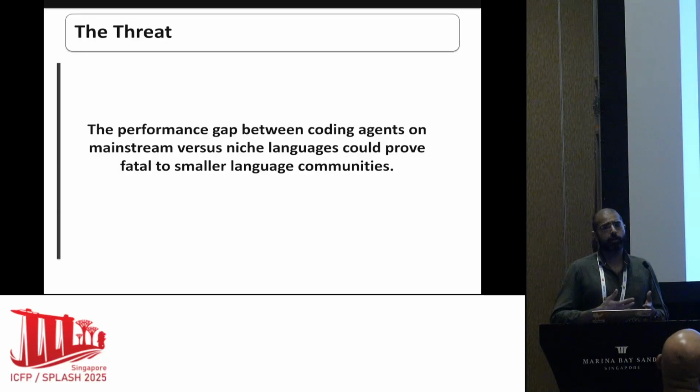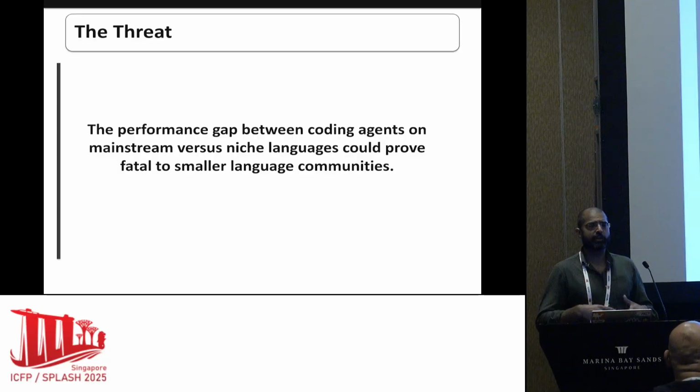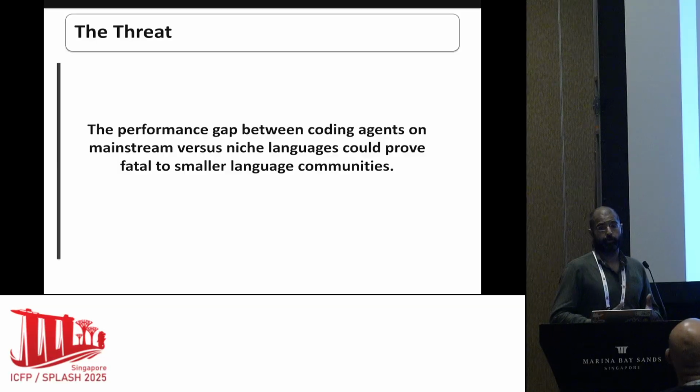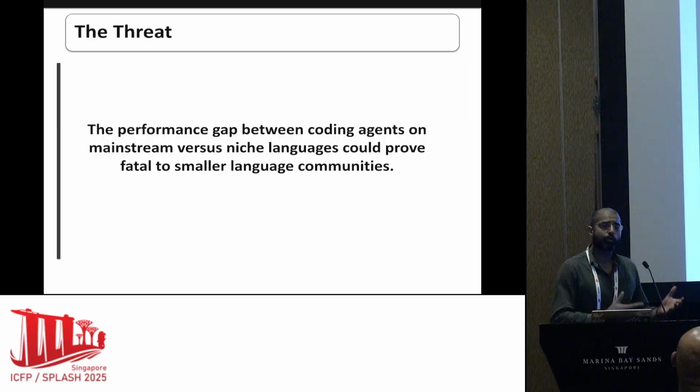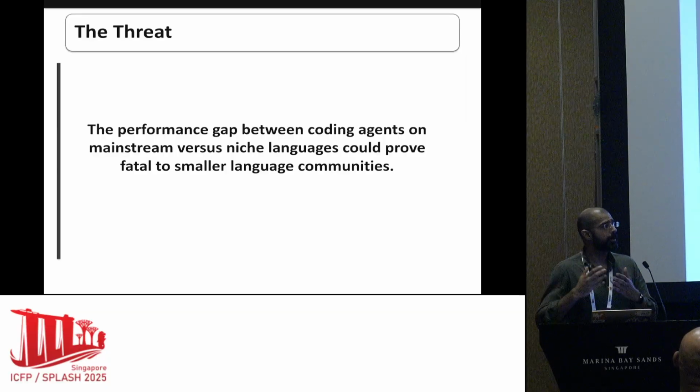Newcomers will not only be judging a language by the traditional tooling, compilers, linters, static analysis, but also by how well coding agents are able to perform in that language.